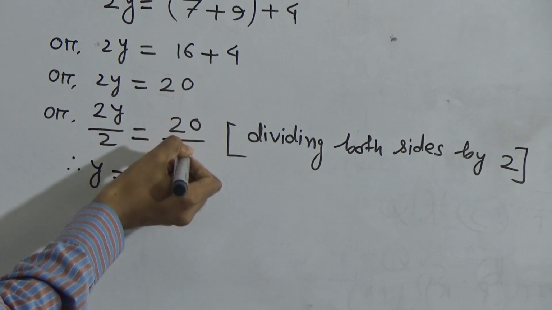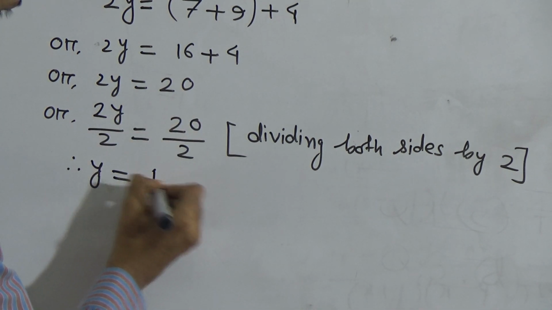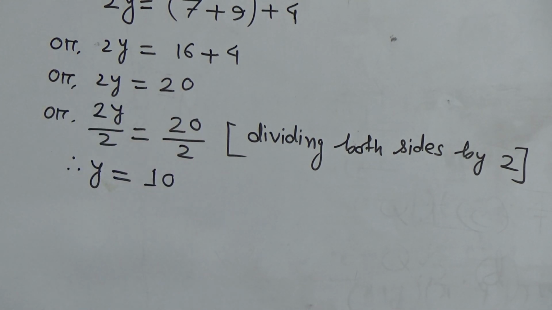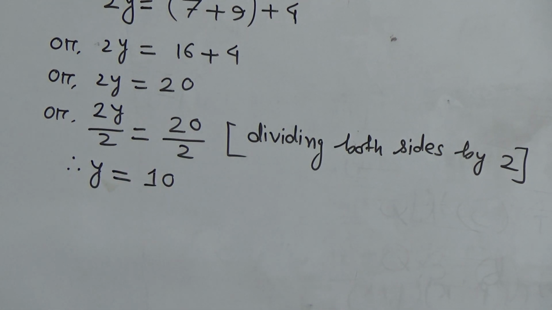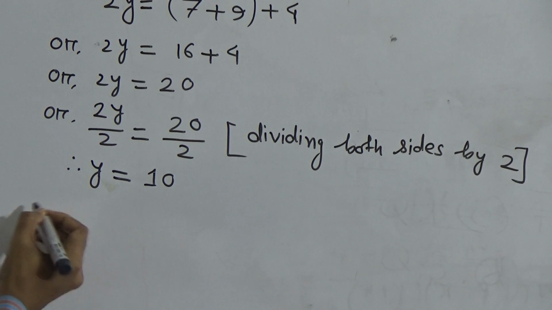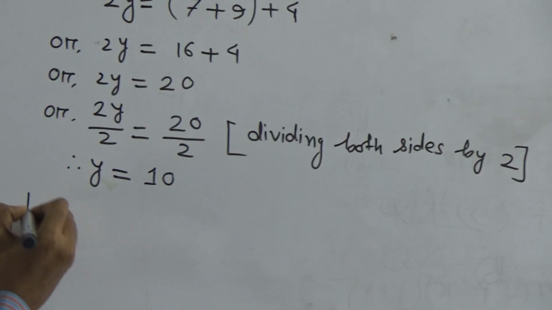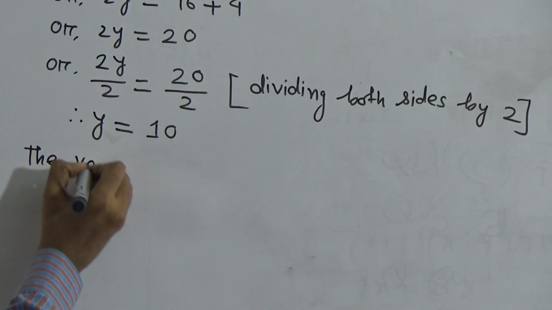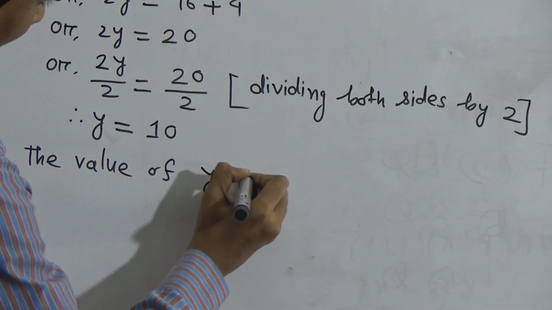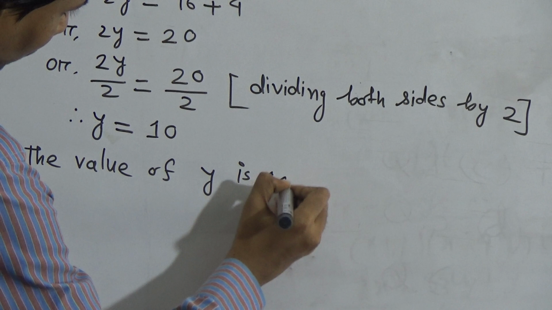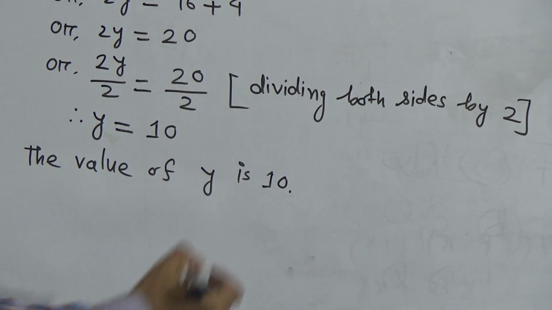You divide 20 by 2, then we get 10. Okay, that means the value of y is equal to 10 right here. Therefore, the value of y is 10. Okay, this is our required result.